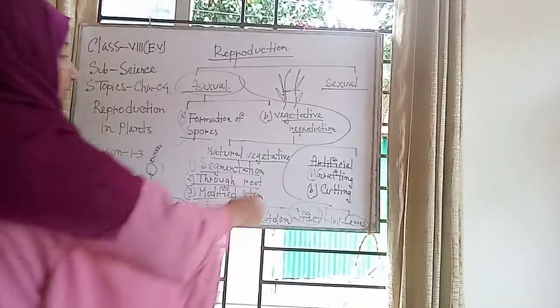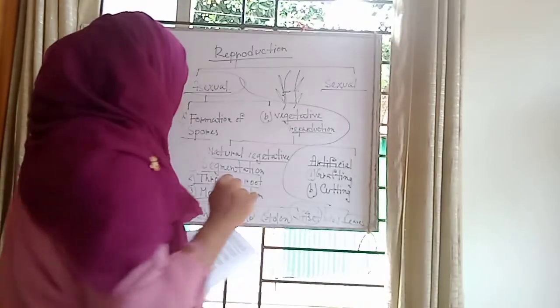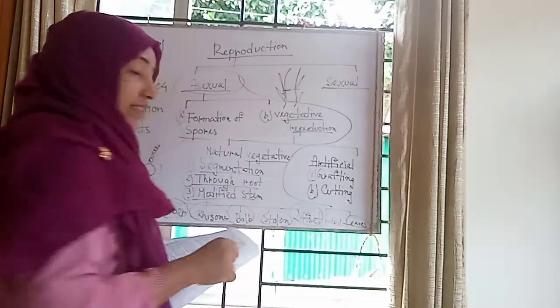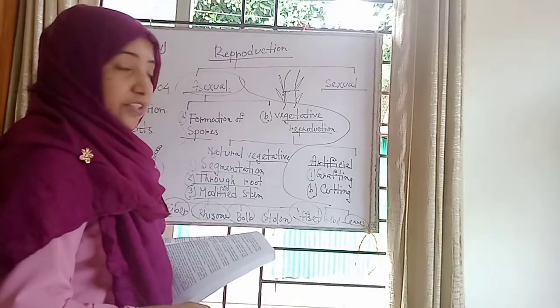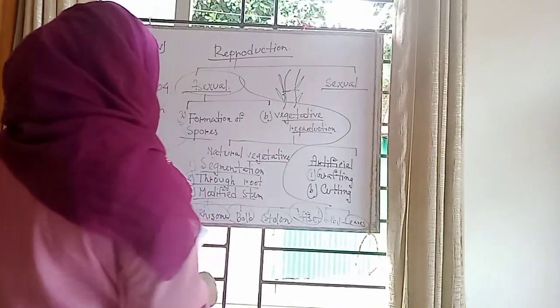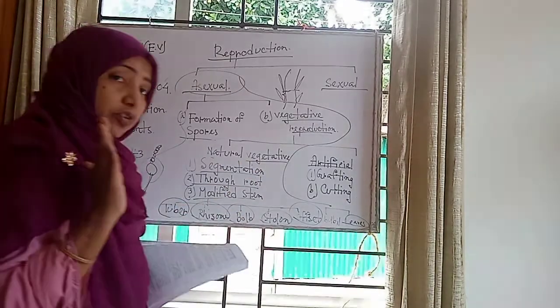Next category is the vegetative reproduction. We have selected two categories. First category is natural vegetative reproduction and second is artificial. In natural vegetative reproduction, there are four types.